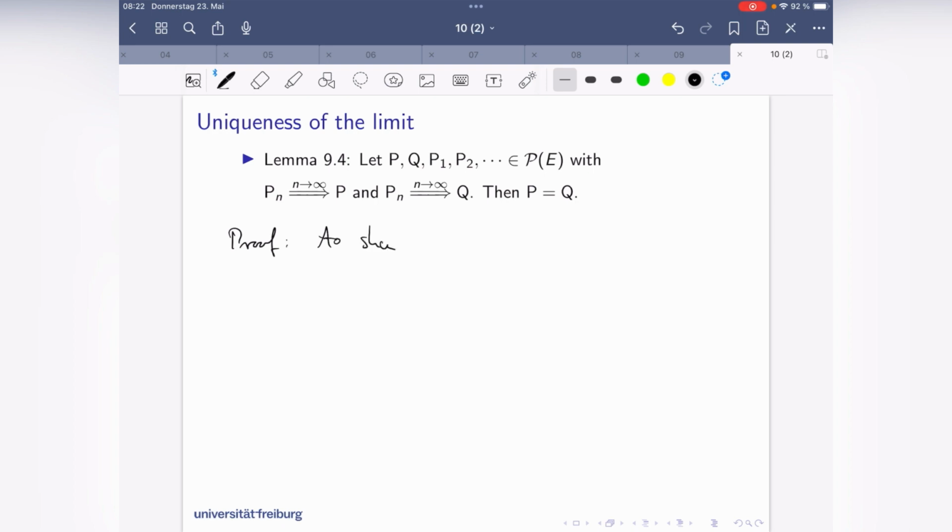You have to show that P of A equals Q of A for all A closed. That's enough, because two measures are the same if they are the same on a pi system, so an intersection stable generating system of the sigma algebra. The closed sets are such a system. So once you have shown this, you are done.